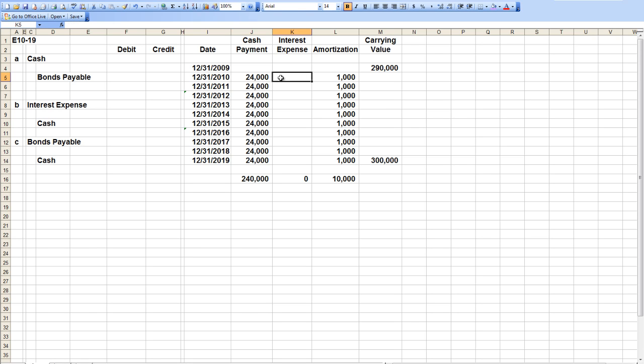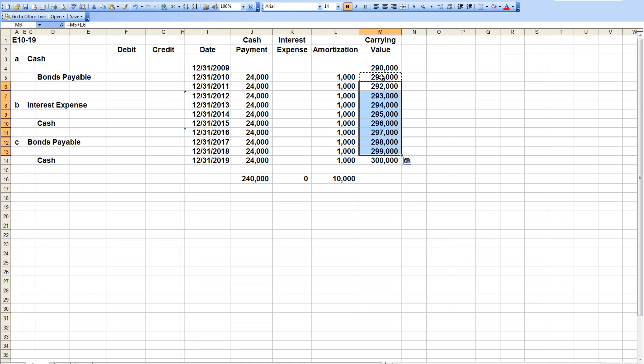Now, here's the thing, interest expense. Remember now, this amortization is going to increase my carrying value. In fact, if I take this plus my amortization, notice it's $291. If I copy that down, that carrying value is gradually going to increase over time.